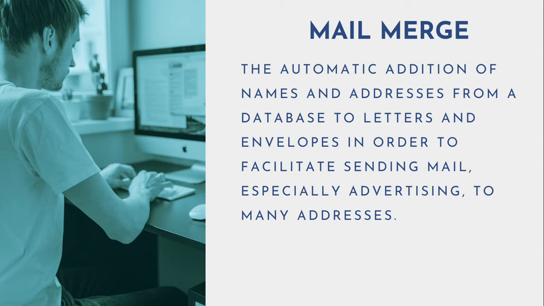With this definition, you'll be able to know that mail merge is used to create letters that will be sent out to multiple clients, especially for advertising. If you have new products to promote, then you can probably do the mail merge as long as you have the information of your clients or customers. So that is mail merge.